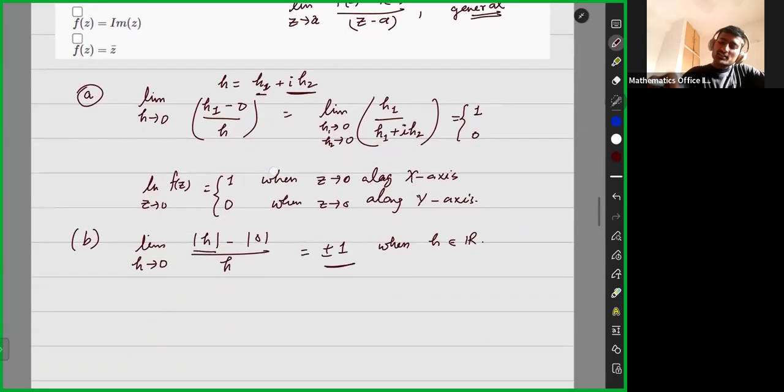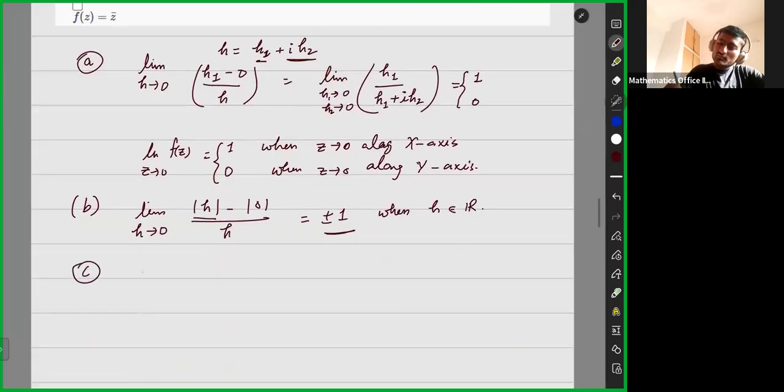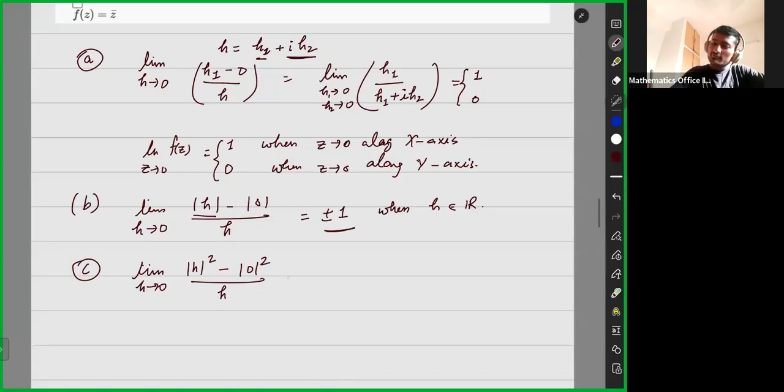So about mod z square, we again want to write this thing, limit h tends to 0 of mod h square minus mod 0 square, divided by h. Will this limit exist or not?